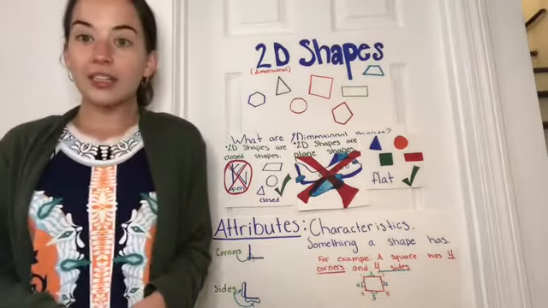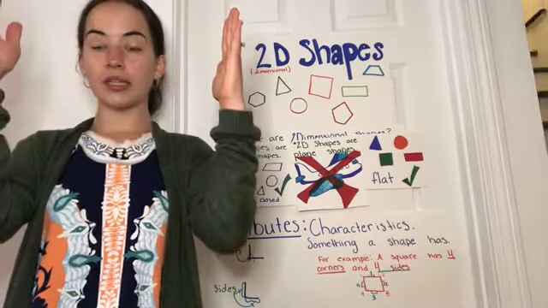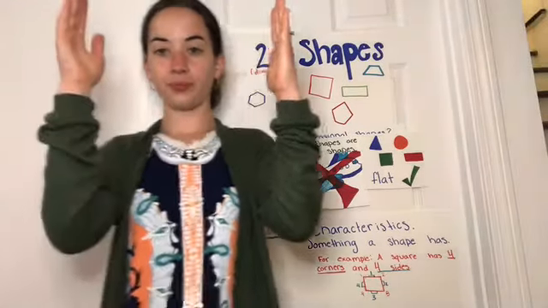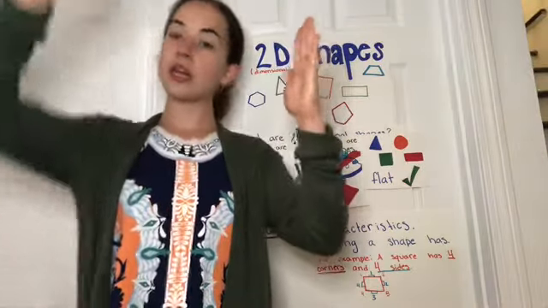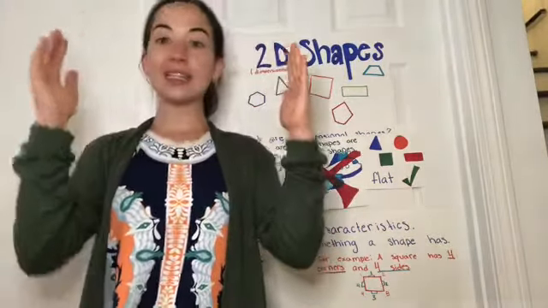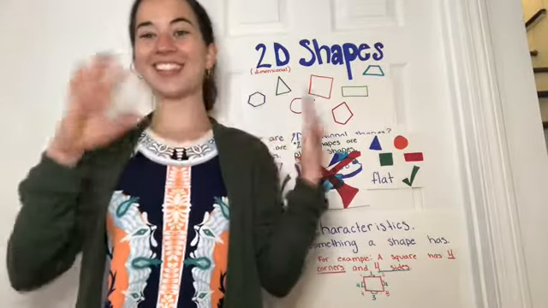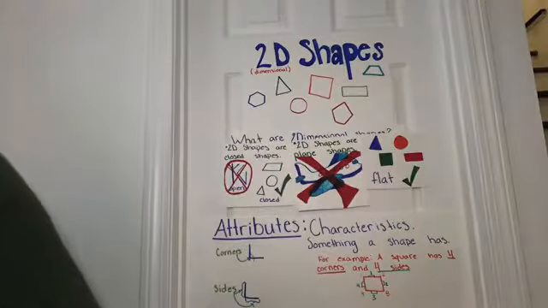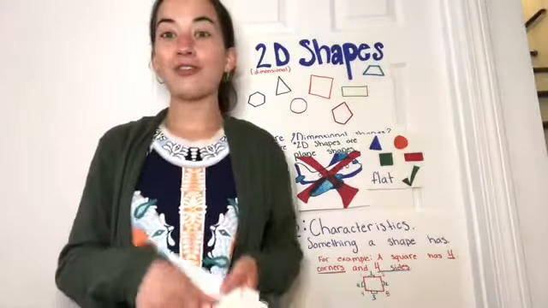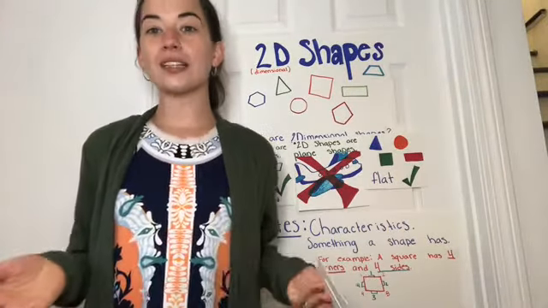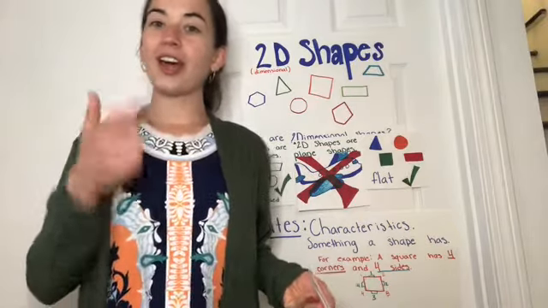The sides are the straight lines of a shape. So we have sides and corners. We need the sides to create the corners. Nice job. So let's take a look at a few shapes and practice counting the corners and sides.